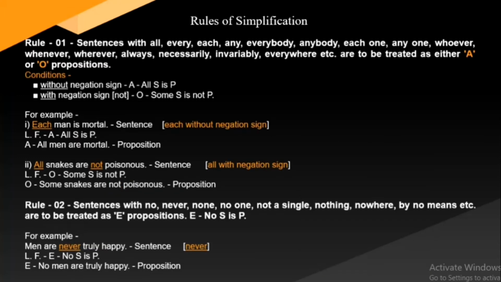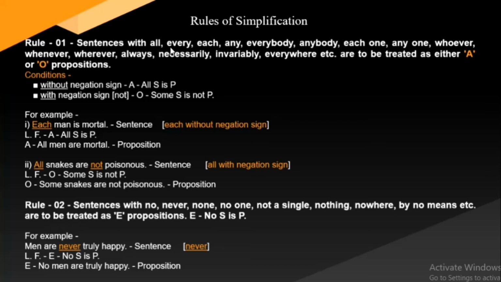Let us try to understand rules of simplification. There are certain rules regarding simplification of proposition. We are to transform ordinary sentences into strict logical forms or logical propositions following these rules. Rule 1.